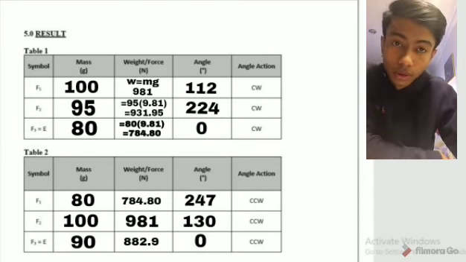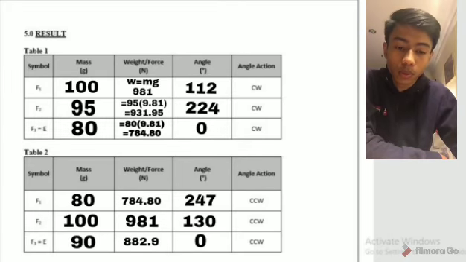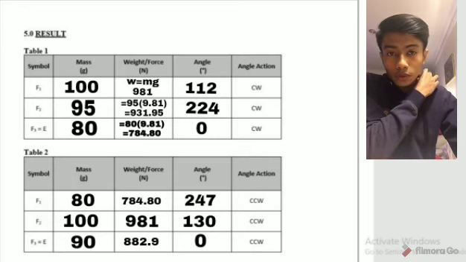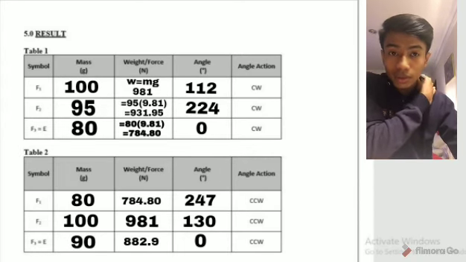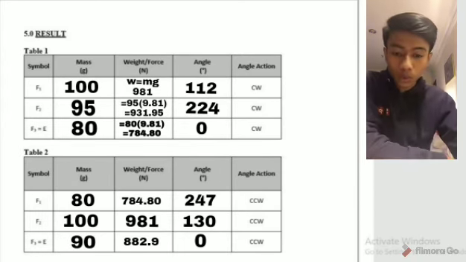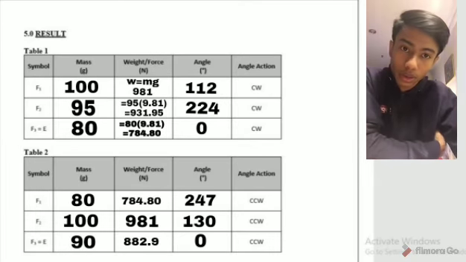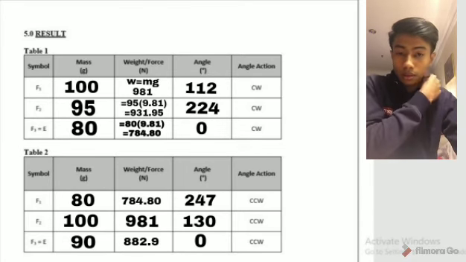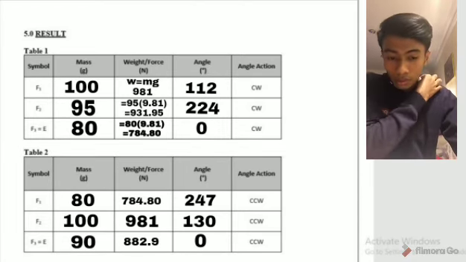Kita dapat weight dia 981. Angle yang kita guna 102 untuk force 1. Angle action dia CW. Untuk force 2, mass yang dikenakan 95 gram. Weight dia yang kita dapat 931.95. Angle dia 224 degree.